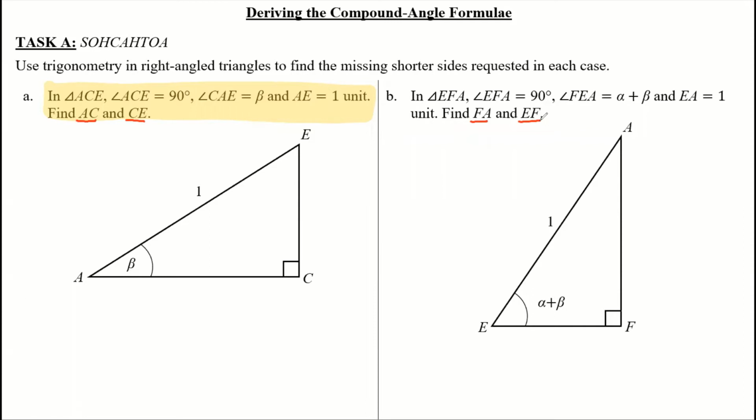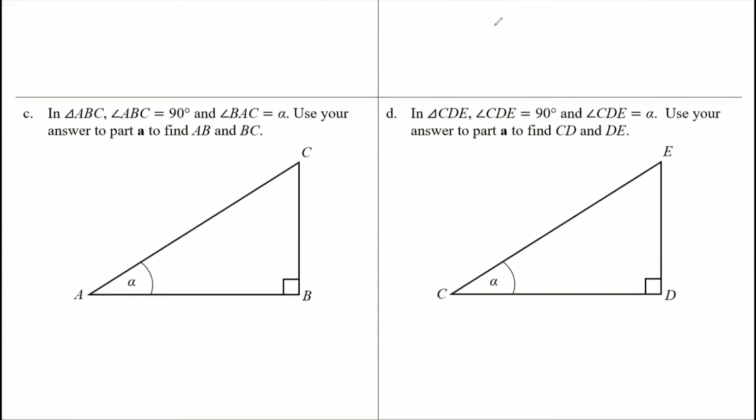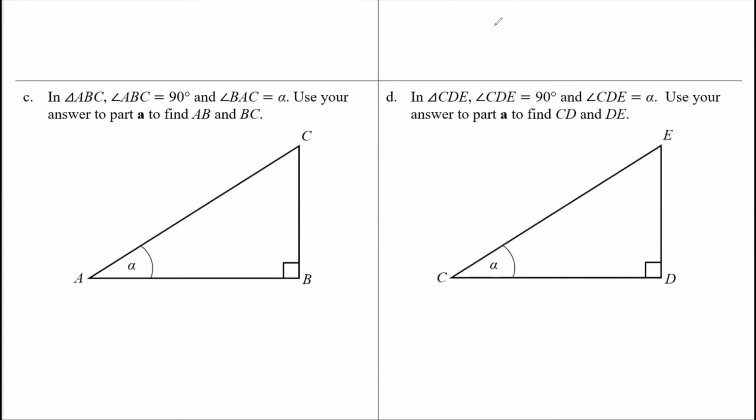And then moving down into parts C and D, you're going to be finding the missing sides AB and BC, and CD and DE for part D. Notice though, it says use your answer to part A to do this, and same thing here.